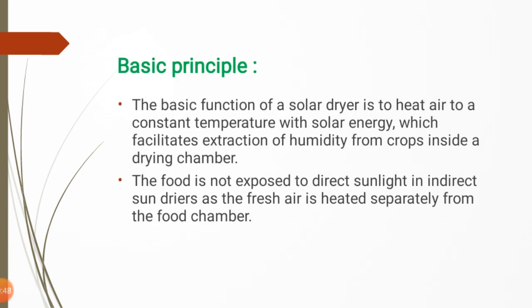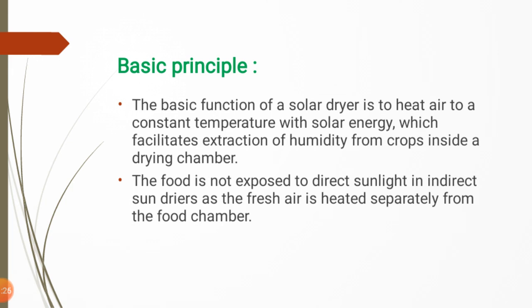But what is the actual principle of solar drying? That means the basic principle. Let's see. The basic function of a solar dryer is to heat air to a constant temperature with solar energy, which facilitates extraction of humidity from the crops inside the drying chamber. That means there is a drying chamber in which the crop or material we want to dry is placed, and the arrangement is done so that solar radiation is incident on it.